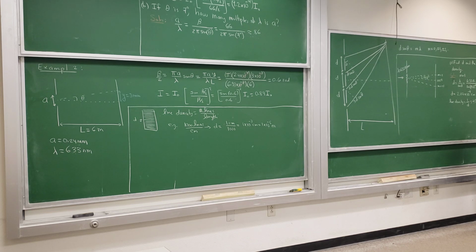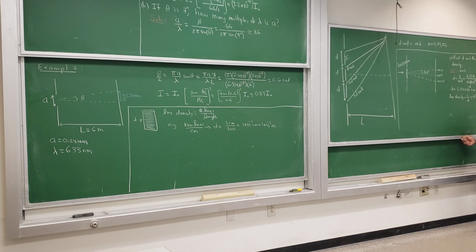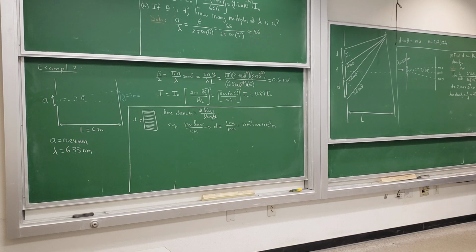What should we do in that case? What determines how many lines we see? The m. How do I know where to stop? Look at the equation. The angle. Yeah, sine theta can't be more than 1, right?